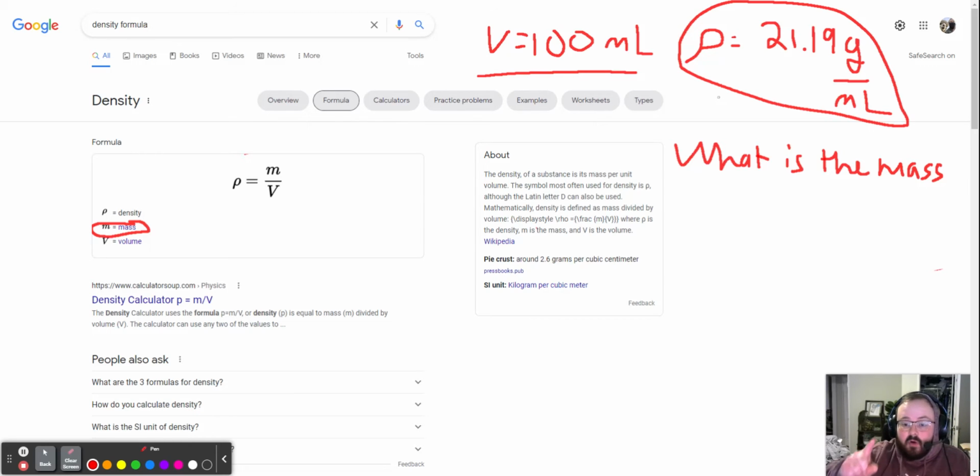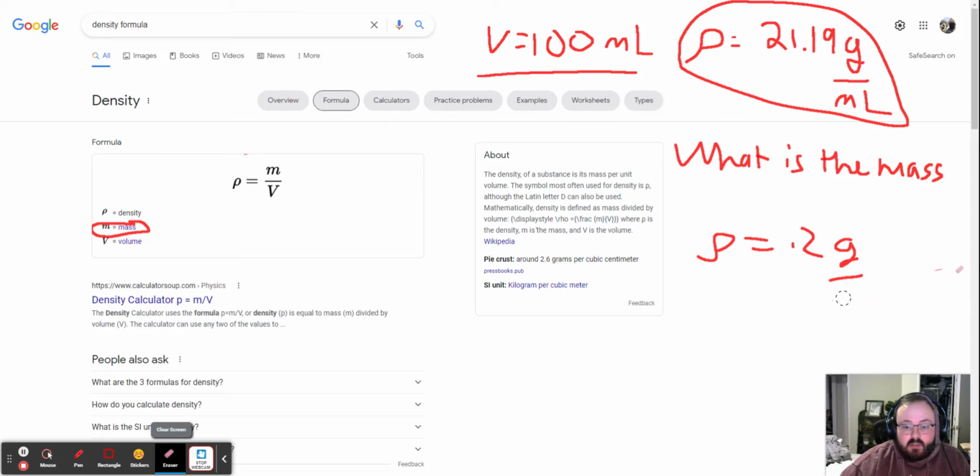If you had gotten that density wrong, and let's say your density was 0.2 grams per milliliter, if you still use this value in this equation and show me that, you will still get full credit. I don't penalize you for getting this answer wrong, which would mean you automatically get the next answer wrong. That's just insane.